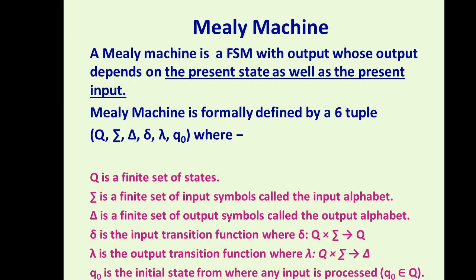In the definition, we can see that lambda is the output transition function where it maps from Q cross sigma to del. That is, to get an output symbol, we require the current or present state and the current or present input symbol.